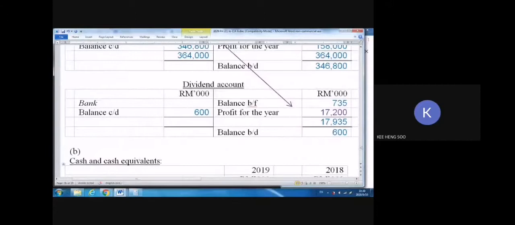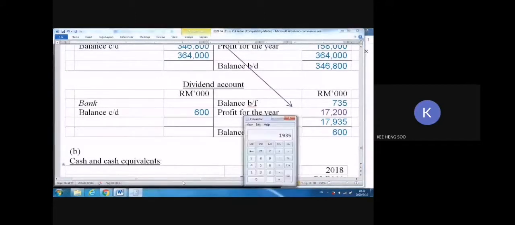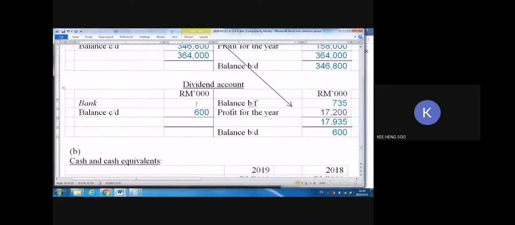So never mind, let me finish this one first. 17,935 minus 600. So this will be your dividend payment.